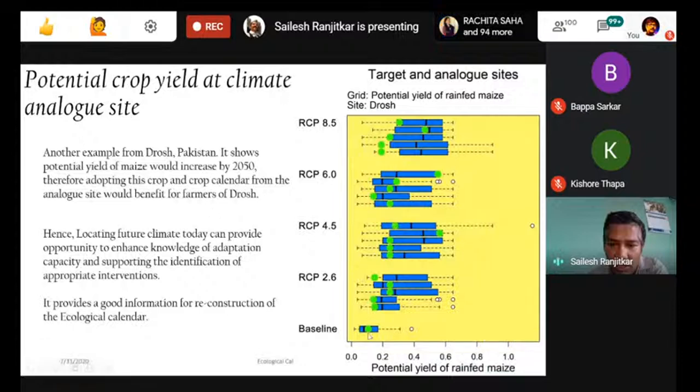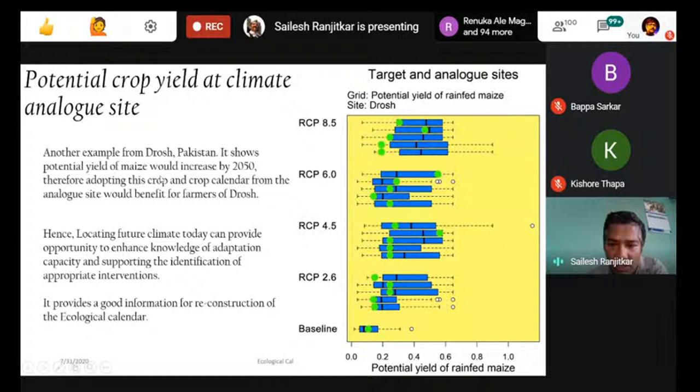The current yield is somewhere here, this green dot, and most of the green dots in other climate change scenarios are much better. That means in the future, there is a really good opportunity for high yield of this particular crop, maize, in the Dros area of Pakistan.